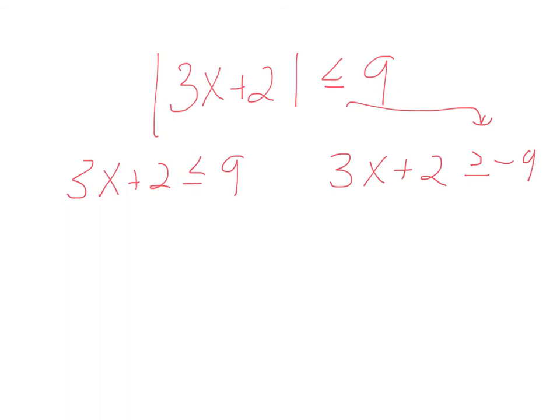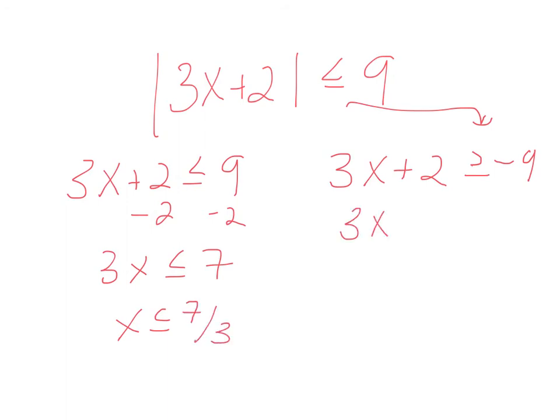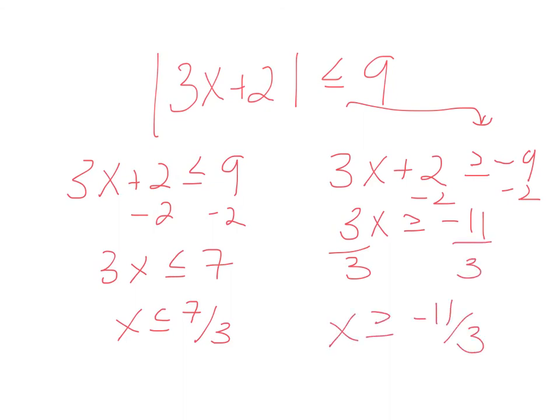And from there, I'm just going to solve. So in the first one, I get x is less than or equal to 7/3. In my second equation, I get x is greater than or equal to negative 11/3.